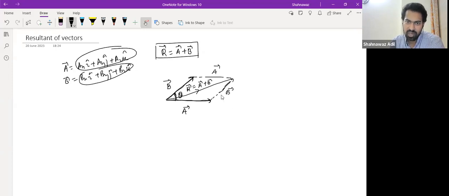Whenever you have this kind of resultant, just remember this diagram. This is the equivalent triangle that you get. This is R, this is B sine theta, and this is A plus B cos theta. Amna ma'am will tell you how we get these.